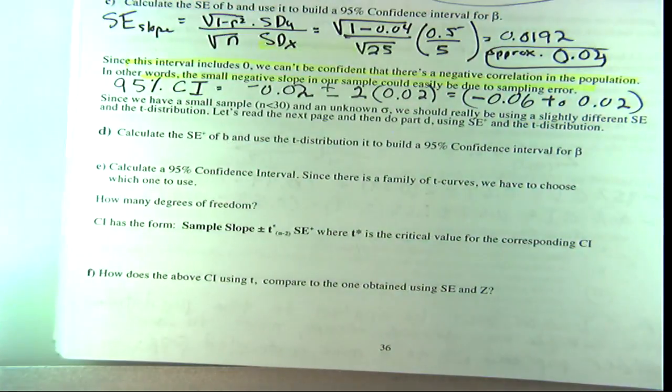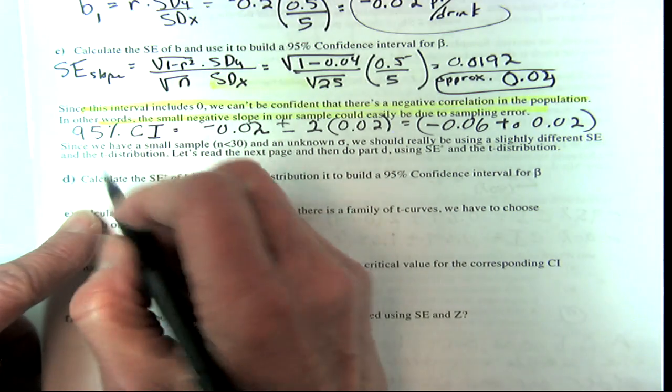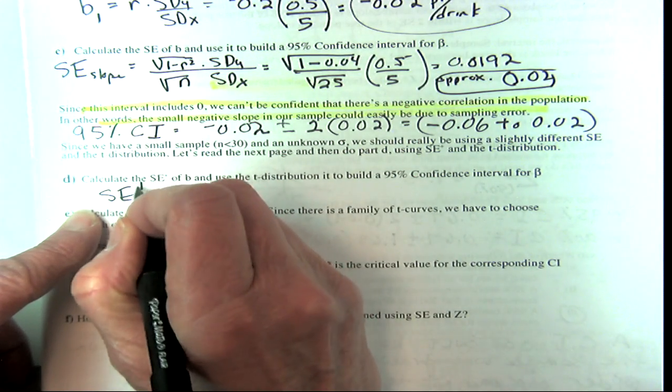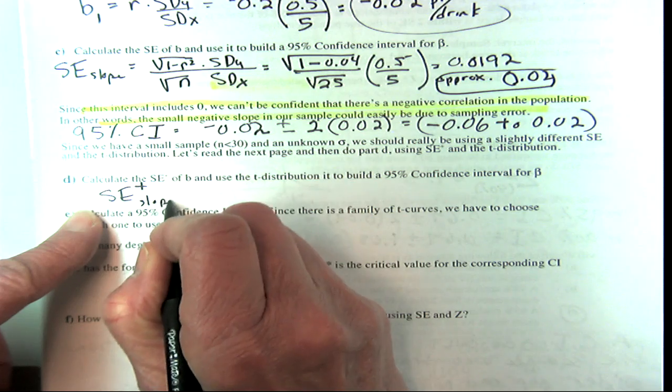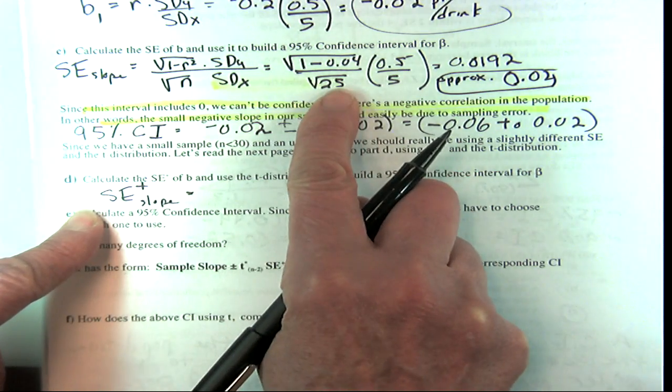It has fatter tails. All right, so now in the last 5 minutes, let's do this problem. We're going to calculate the standard error plus first. The standard error plus for the slope is going to be exactly the same thing as this, except what are we going to have here?